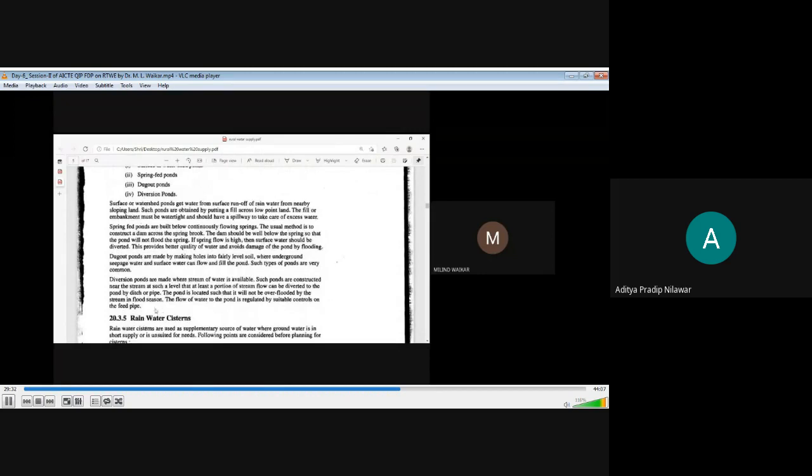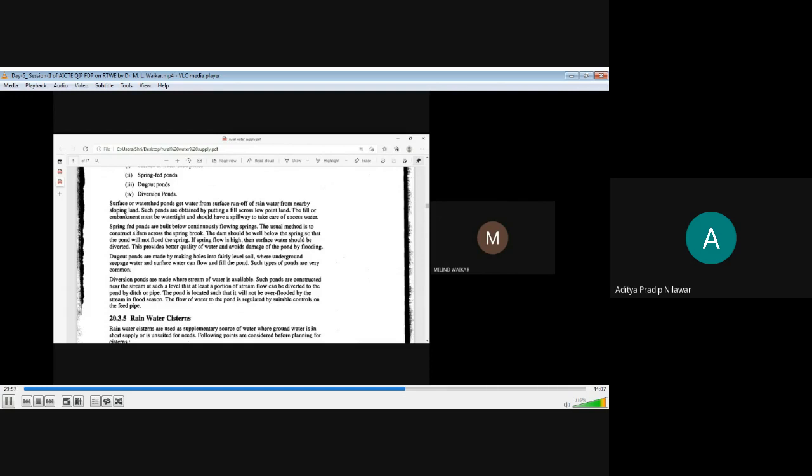For example, if you consider surface or watershed ponds, they get water from the surface runoff of rainwater from nearby sloping land. Such ponds are obtained by putting a fill across low-point land. The fill or embankment must be watertight and should have a spillway to take care of excess water. That is about surface or watershed ponds.